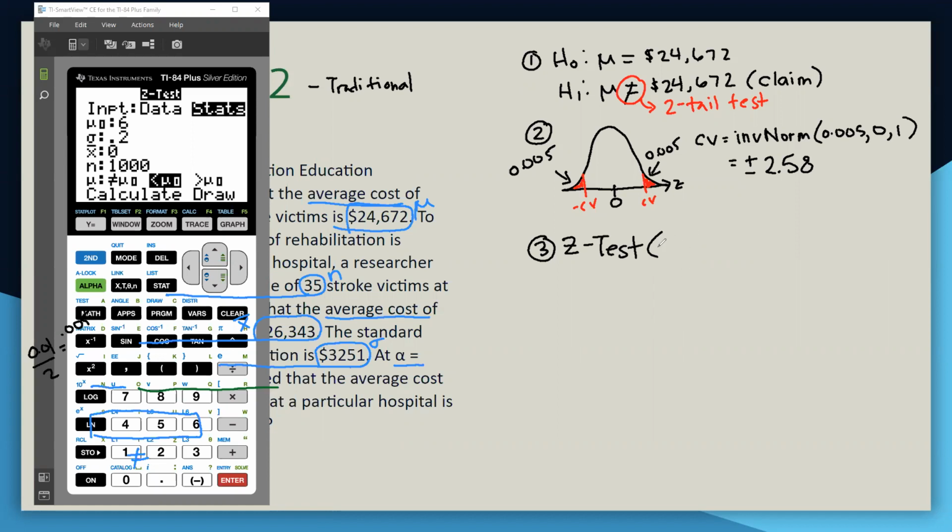So first thing they're asking me for is that population value that we were given in the problem, 24672. The next is the population standard deviation, which we know is 3251. Then it's asking about the sample value, 26343. And then it's asking for that sample size, which we know is 35. And then the very last thing it asks for is, what is that symbol? And we know that it's a not equal to.